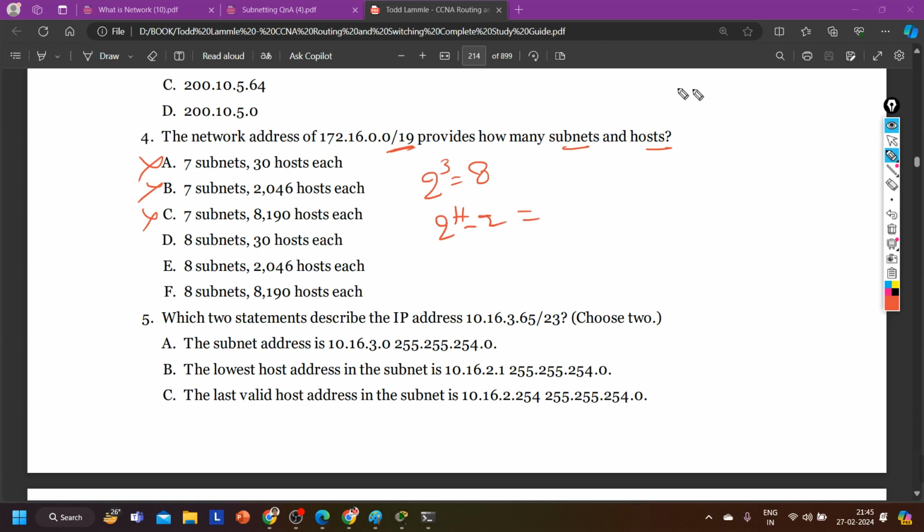How many host bits are there? The total size of an IP address is 32, and 19 bits are network bits. Then host bits are 32 minus 19, that is 13. Right? So 2 to the power 13 minus 2. Can anyone calculate it, guys? 2 to the power 13 minus 2.